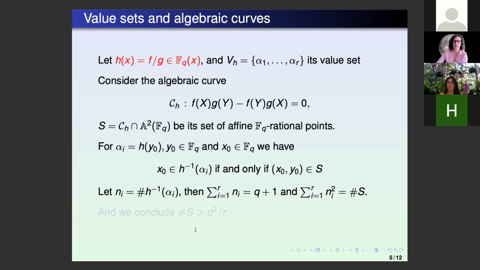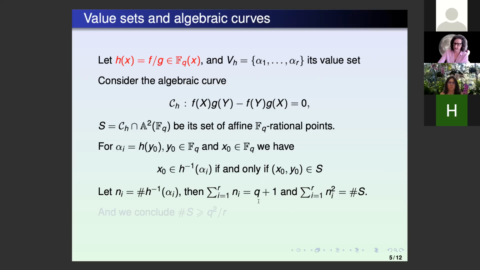Okay? So let N_i denote the pre-image size of any element in the value set. Then, for sure, since you are evaluating everyone in F_q, the sum of the pre-images is just q plus 1, because you're evaluating F_q plus infinity. And from this observation, the sum of the squares of N_i is the number of F_q rational points on your curve.